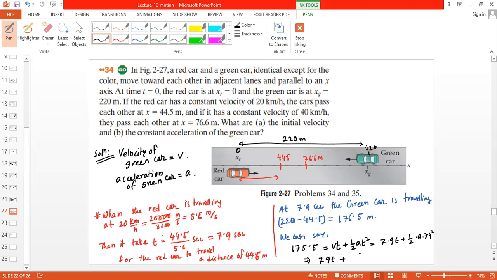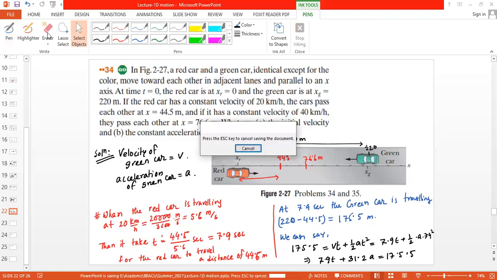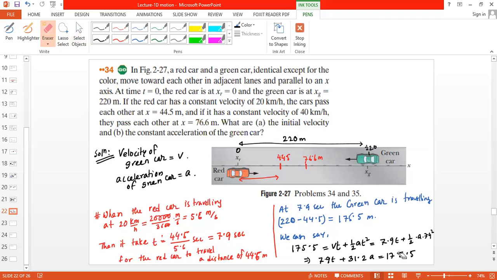I need a calculator. 31.201. Is equal to 175.5. So this should be 175.5. Let's say this is equation number 1.